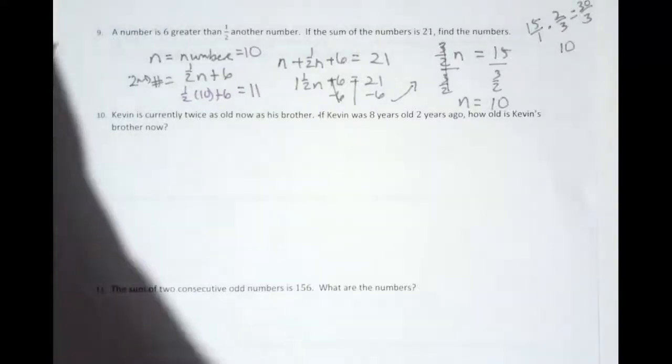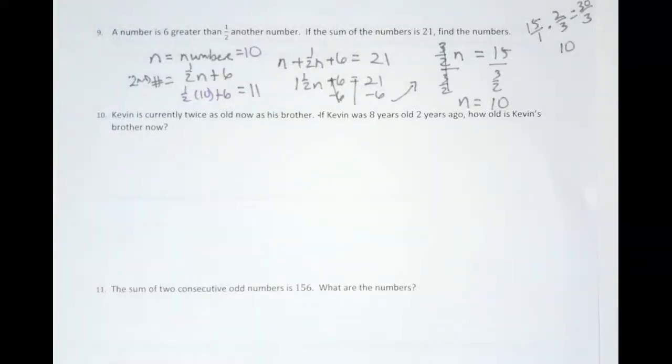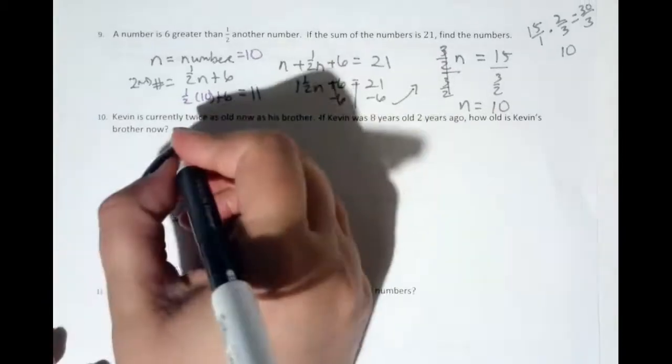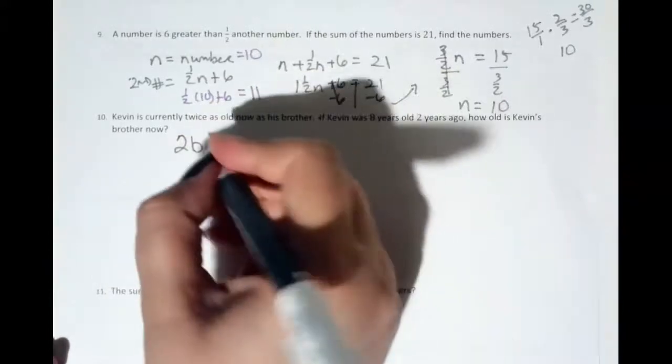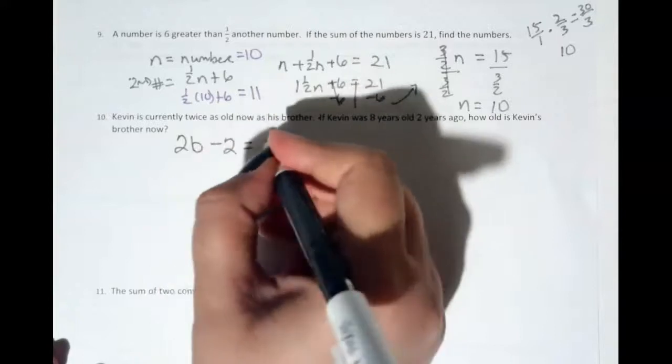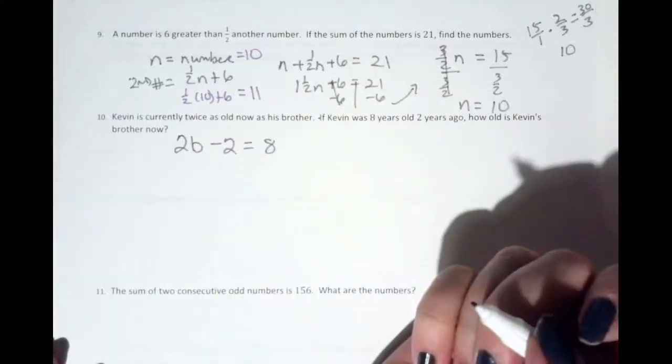Kevin is currently twice as old now as his brother. If Kevin was 8 years old 2 years ago, how old is Kevin's brother now? So he's twice his brother's age, but 2 years ago he was 8.